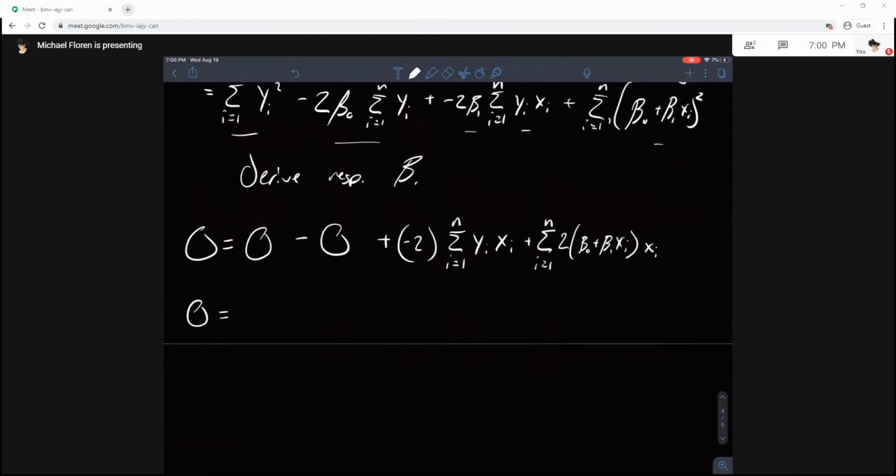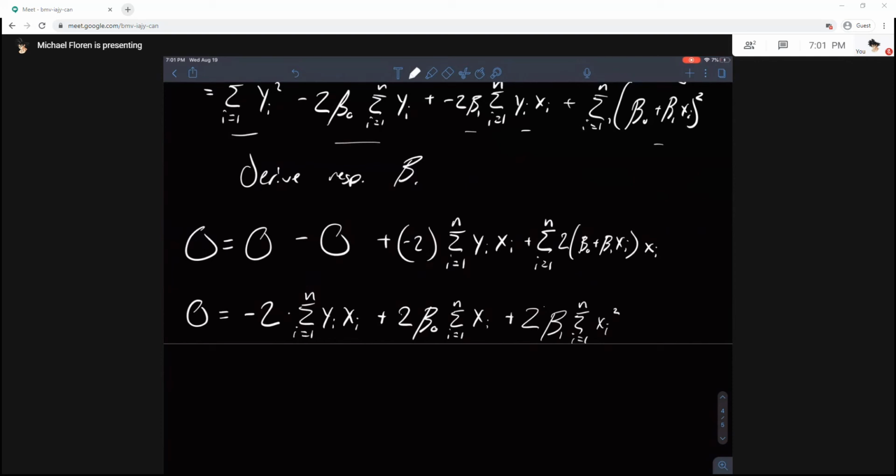Reducing a lot of this noise, we get 0 equals negative 2 times the sum from i equals 1 to n of y sub i x sub i plus 2 beta 0 times the sum from i equals 1 to n of x sub i plus 2 beta 1 sum of i equals 1 to n of x sub i squared.